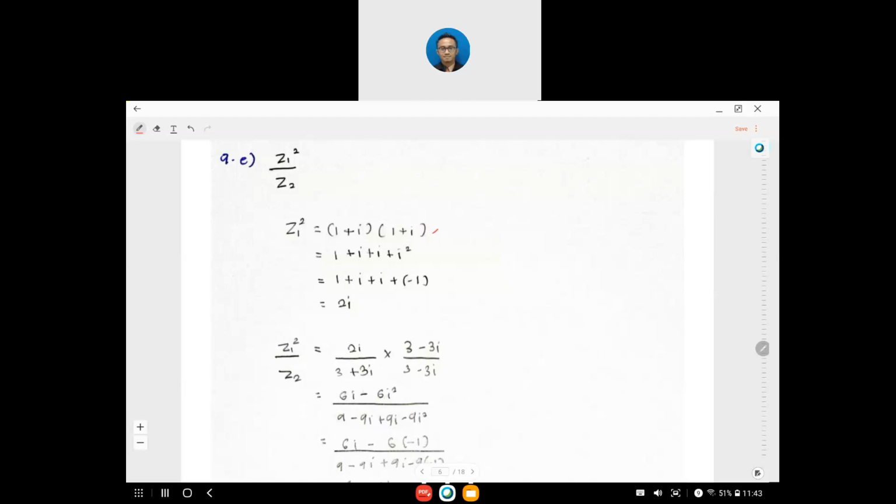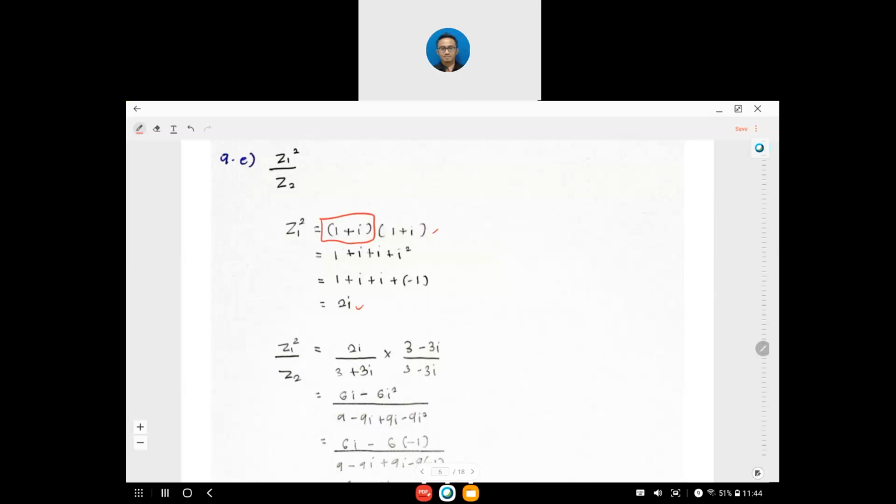This one because it's already defined. Z1 is 1 plus I, yang ni dia dah dapat daripada soalan sebelum tu. 1 plus I times by 1 plus I. So you can get 1 plus I square, so just 2I.